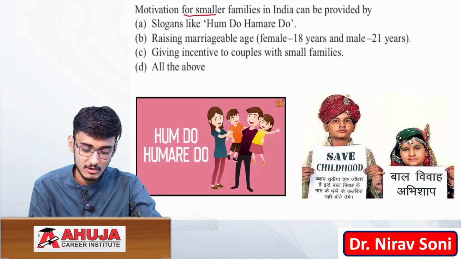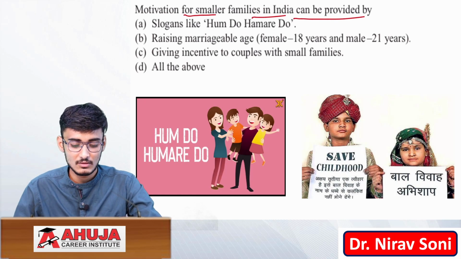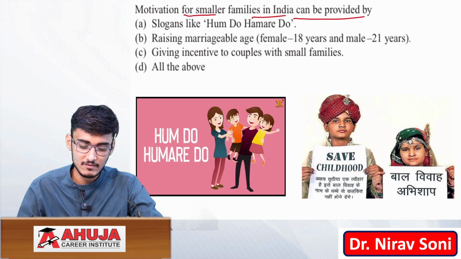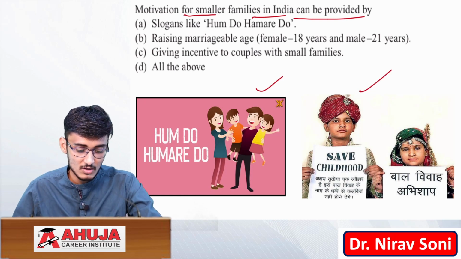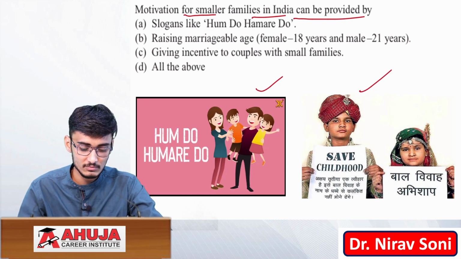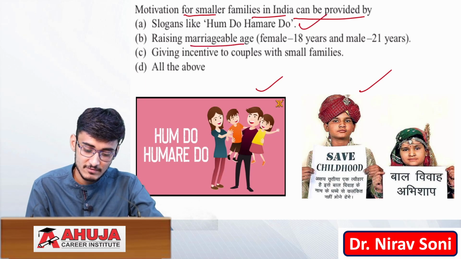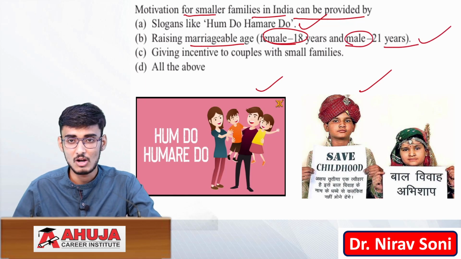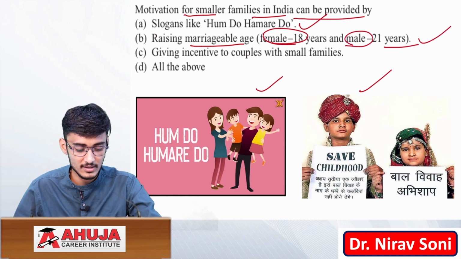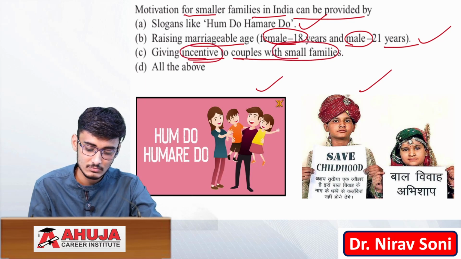Motivation for smaller families in India can be provided by which slogan? You can see the figure and identify the correct answer. Slogans like हम दो हमारे दो are also correct. Raising the marriageable age, female 18 years and male 21 years, option B should be right also over here. Giving incentives to couples with small families, also here.